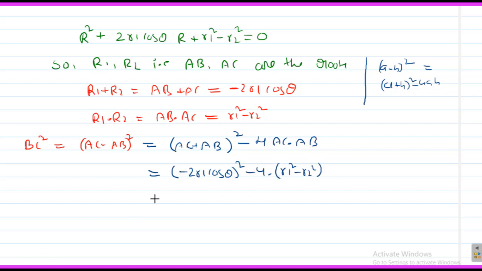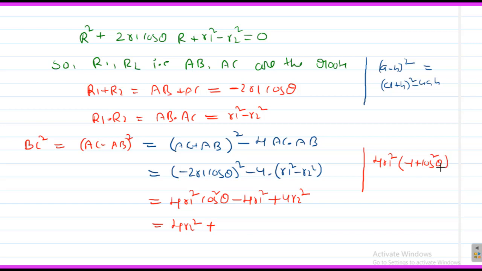So now this is the same as 4 r1 square cos square theta minus 4 r1 square plus 4 r2 square. Which is the same as 4 r2 square first, plus these two you can take 4 r1 square common, 4 r1 square (minus 1 plus cos square theta).